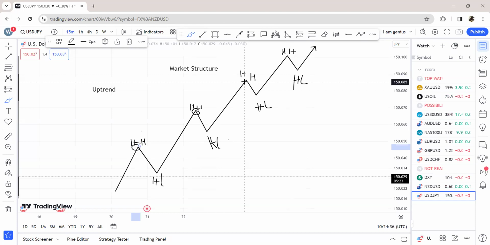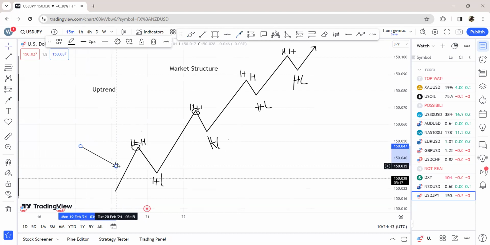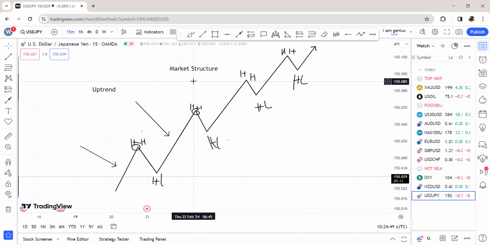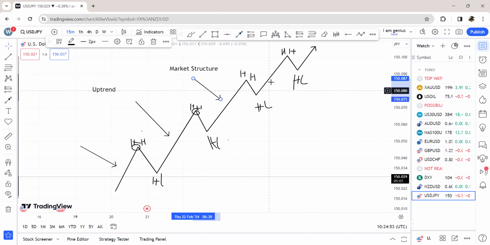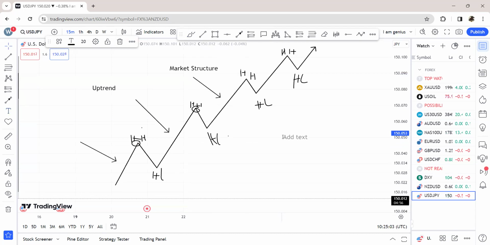So with that in mind, an uptrend has impulsive moves. This is referred to as an impulsive move. Then this is also referred to as an impulsive move. Then that as well. So we have impulsive moves and retracements. Just write that down for context sake.